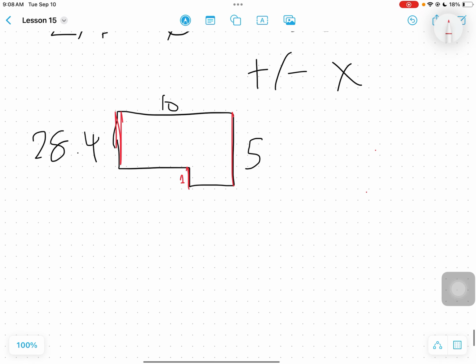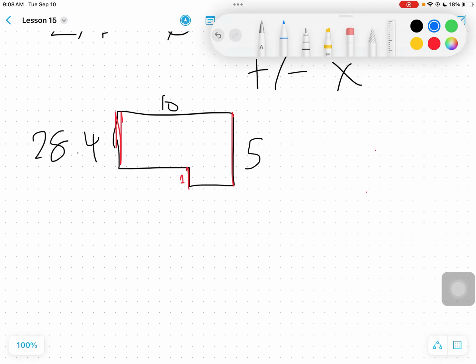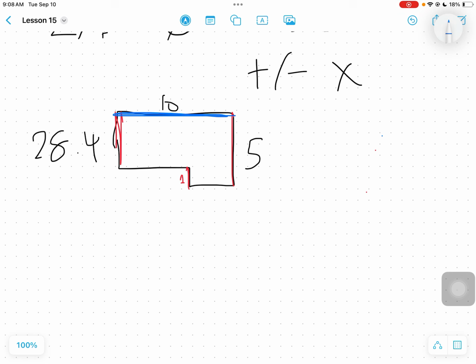Now, this part is probably the one that might be a little confusing. But think about it. This is 10. So we know that this and this combined together makes 10. So it doesn't really matter that we don't know how long this side is or that side is because we're not looking for the area here. What matters is that we know that combined it makes 10. So basically you have two 10s. Then you have a 5, a 4, and then that little 1 right there at the end.